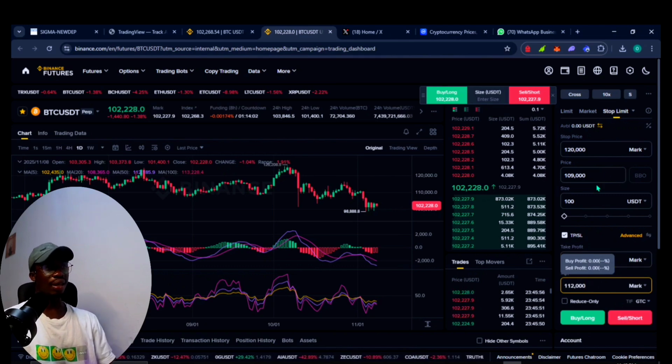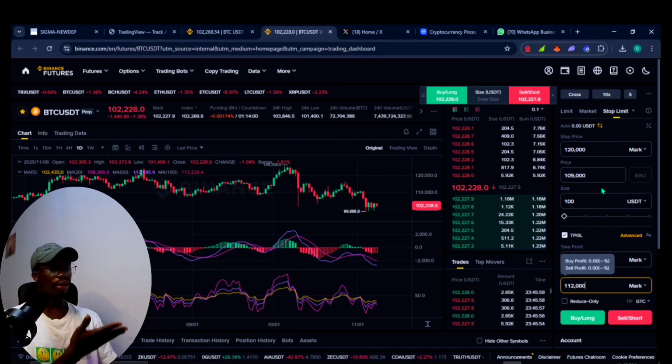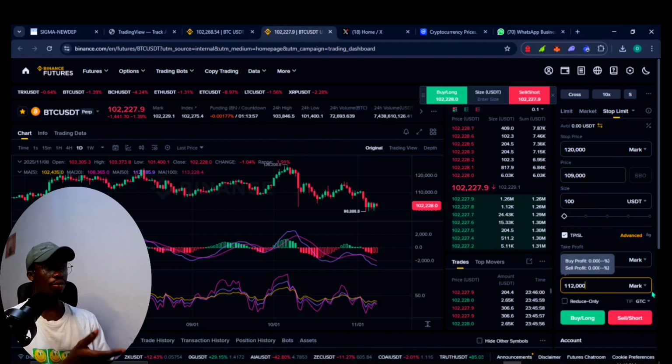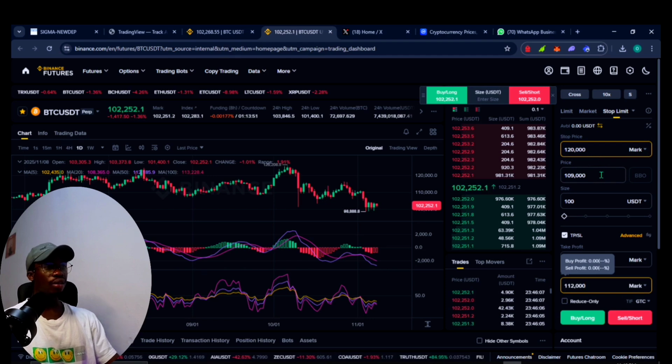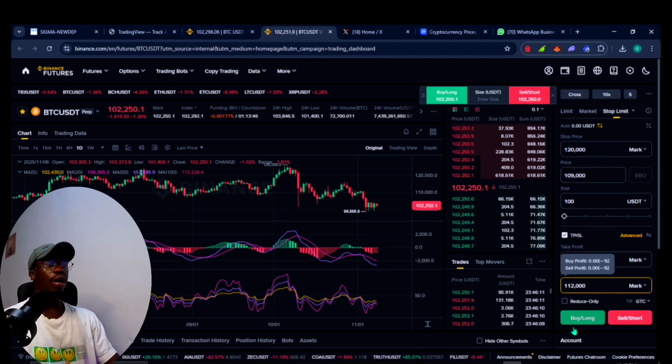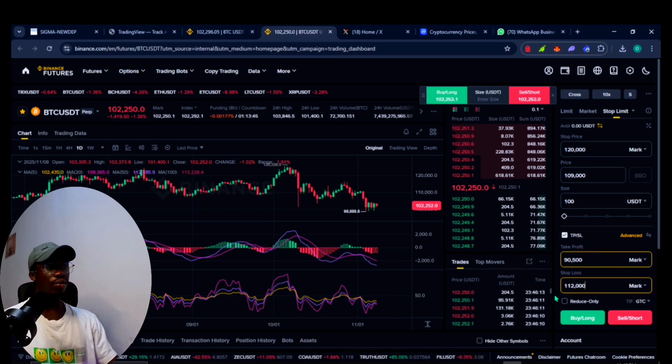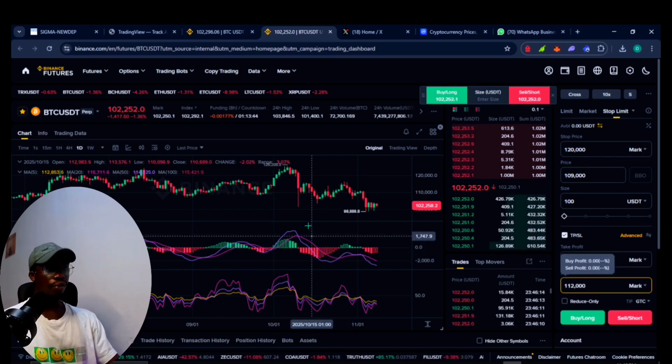This is a sell position that I'm setting right here. I'm intentionally using a sell position because I've used the illustration of a buy position before. Remember, you set the trigger price, you set the price at which you want to enter the trade, you set your take profit, and you set your stop loss. And that is how you use the stop limit on a futures trade. And this is how you do a futures trade.